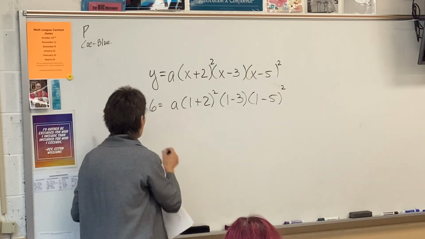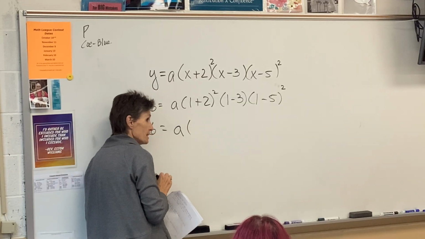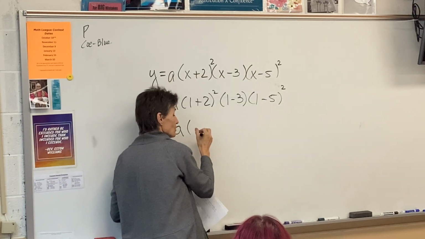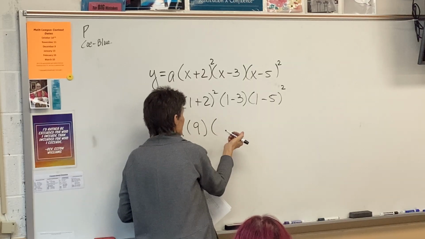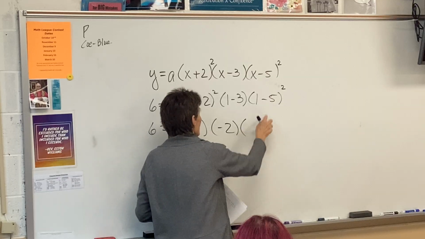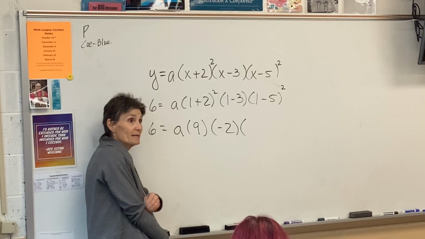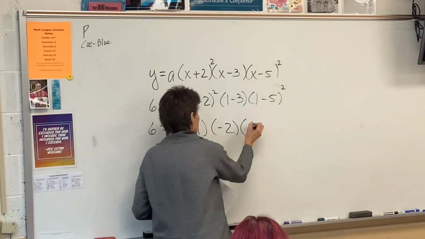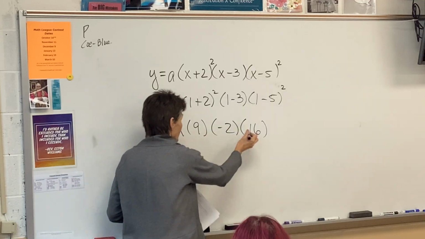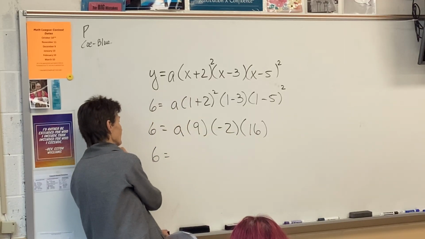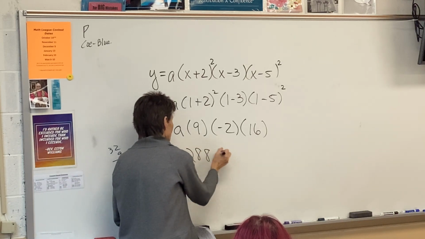All right, then we just do the math. 1 plus 2 is 3, but it's squared, so it's 9. 1 minus 3 is just negative 2. 1 minus 5 is negative 4, but it's squared, so it's 16. And then we're going to multiply all these together. I think I get negative 288.